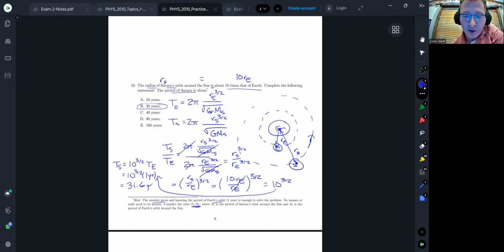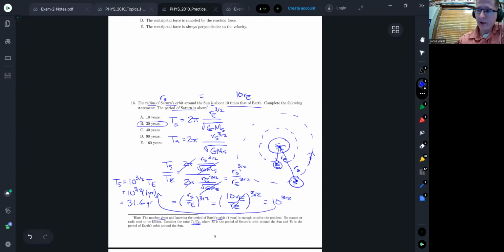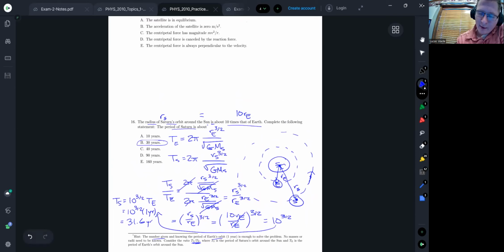So looking at ratios of things can be pretty powerful and can save you a lot of work, because otherwise what you would have had to do for the period of Saturn is put in that G is 6.67 times 10 to the negative 11. Mass of the sun is whatever the mass of the sun is, I don't remember.